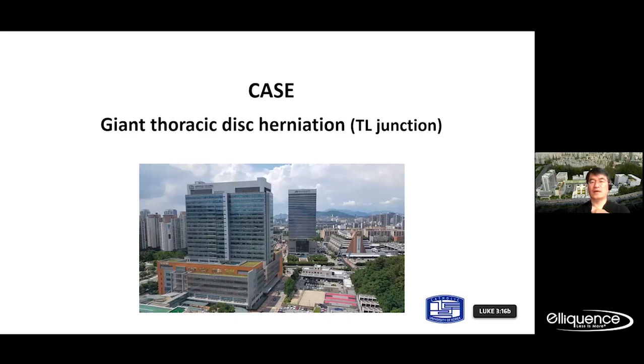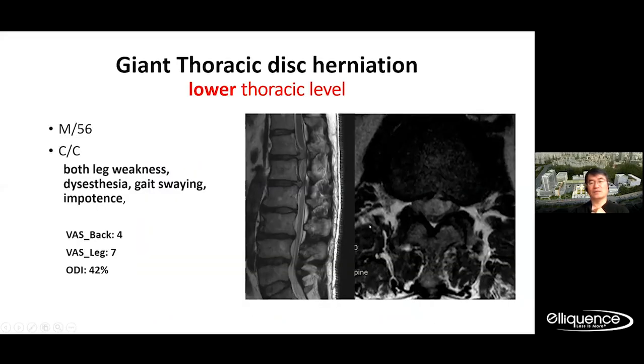So I'm going to move on to another giant thoracic disc herniation. I have treated this kind of giant, large disc herniation, but in most cases, small paracentral disc herniations making truncal pain, I have not operated on. That's why you have seen very serious and challenging cases in my presentation.